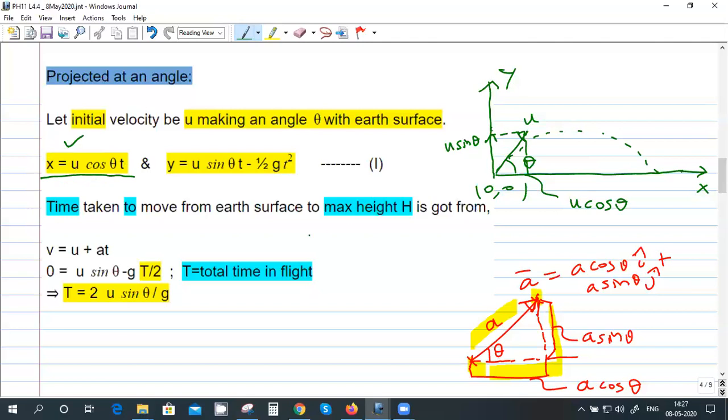So in the vertical direction, this is the equation. Can you figure that out? It is equal to ut plus half at square, and u is u sin theta in the vertical direction, and a is minus g because it's along the negative y direction, right?